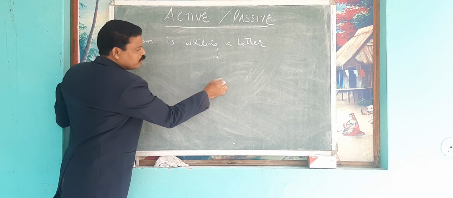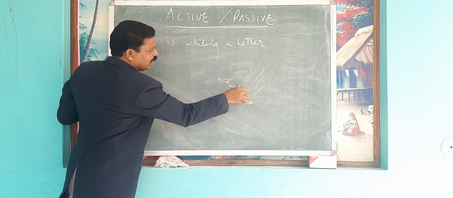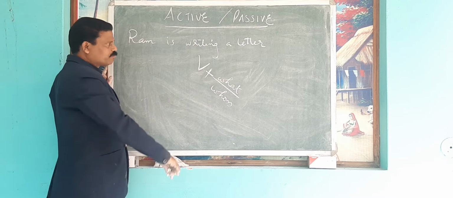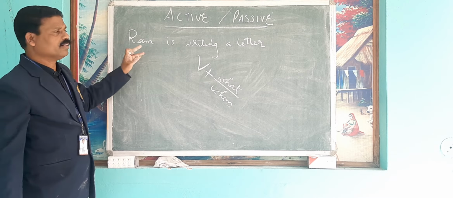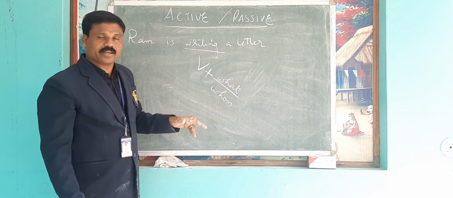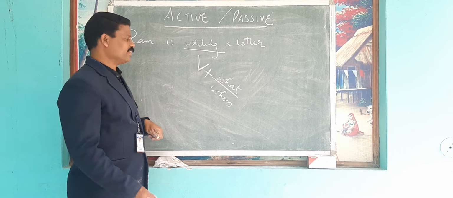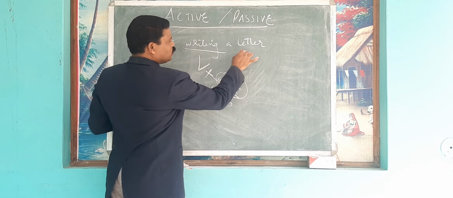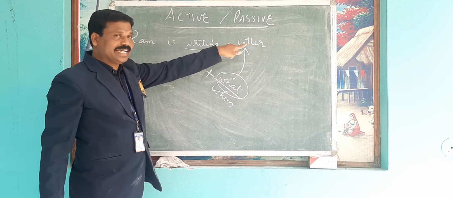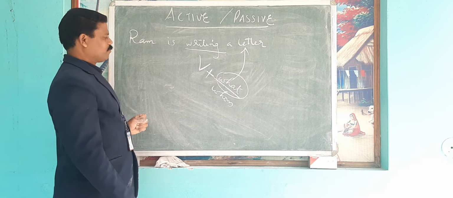By asking the question what or whom with the verb. What is the verb here? Write. Writing. Ram is writing what? A letter. So you got the question what and the answer a letter. So the letter is the object.